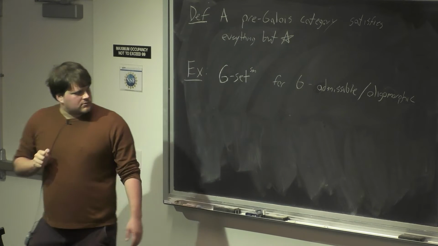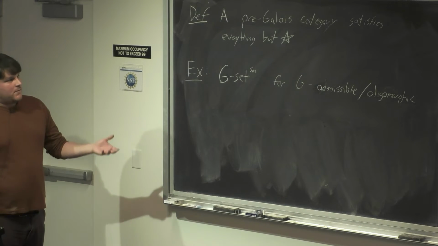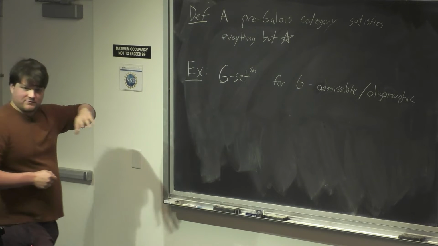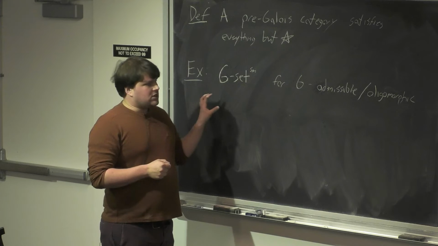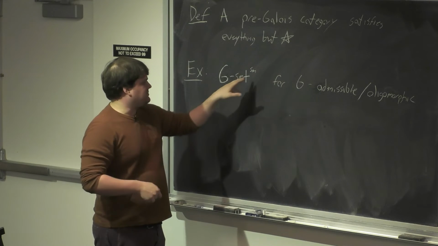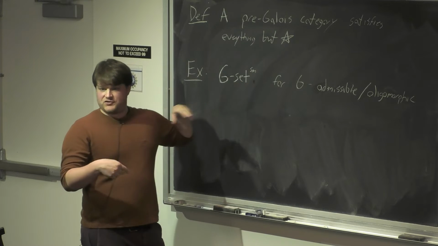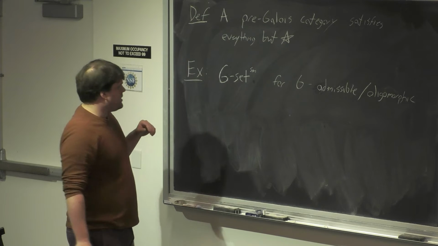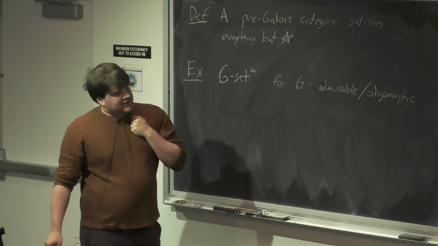It turns out, for a lot of the same reasons that it's true for finite groups acting on finite sets, for these oligomorphic groups, the categories of smooth G-sets are pre-Galois. Again, smooth ones are the ones where the stabilizers are open. We have this topology on our admissible groups.